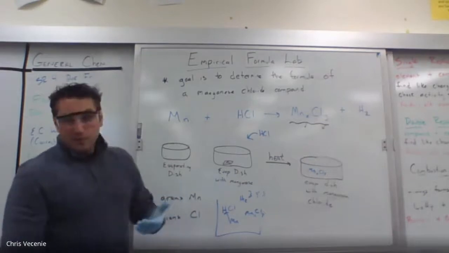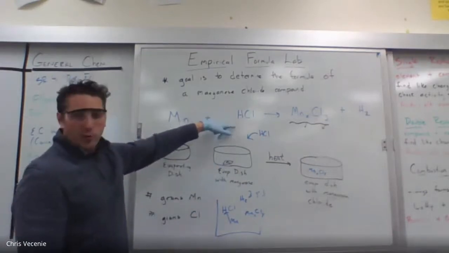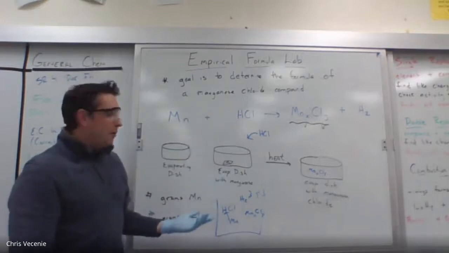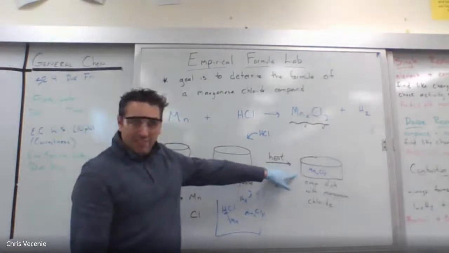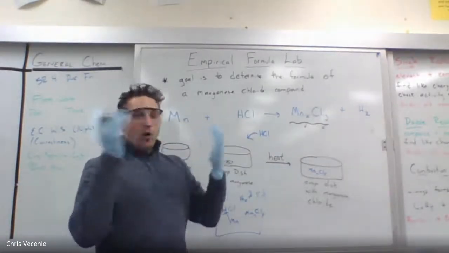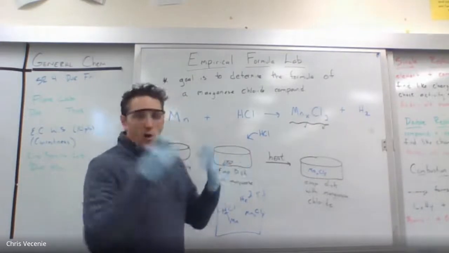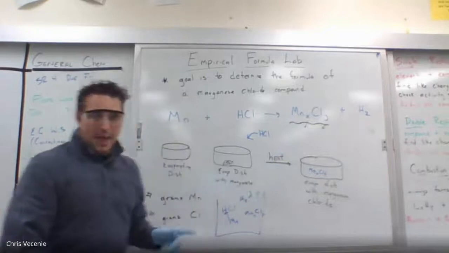That would be tricky. Furthermore, I told you we added more of that than we needed, so not all of the chlorine gets stuck in our compound. The only place then we have chlorine will be here at the end of the process. After we heat it and get rid of all the hydrogen and get rid of all the leftover HCl, we'll have chlorine, but it's going to be stuck to the manganese.